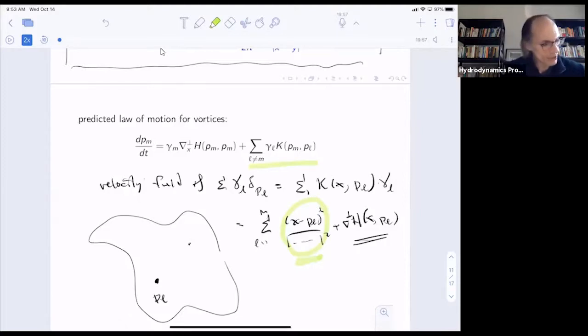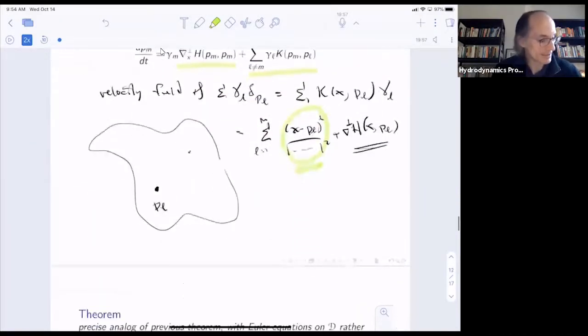But then there's also a contribution from the non-singular part of the velocity field generated by the mth vortex itself. So even if there's only one vortex, the presence of the boundary will in general cause it to move. The interaction with the boundary will cause it to move, even if there's only one piece. Okay, this is the predicted law of motion.